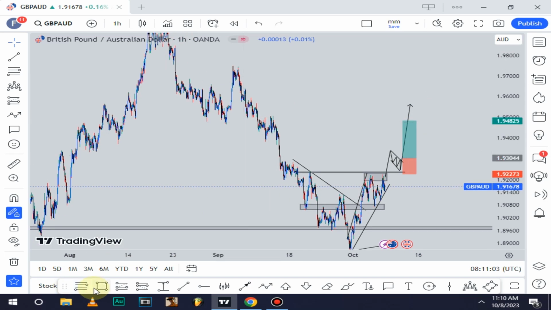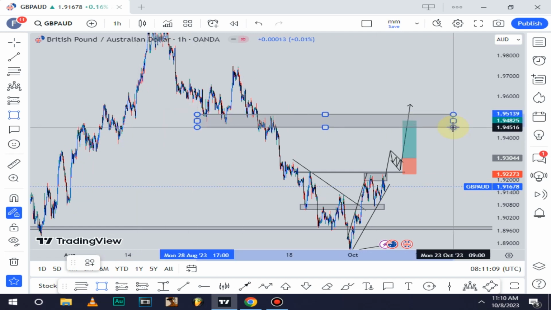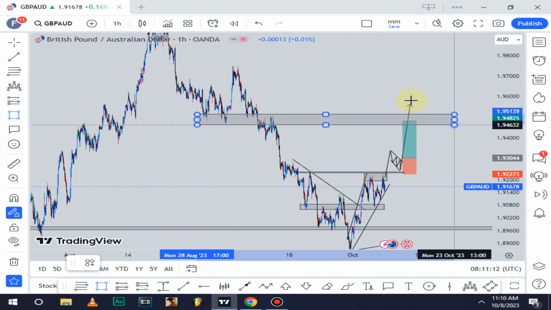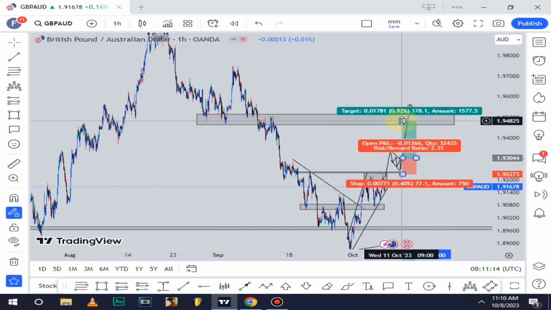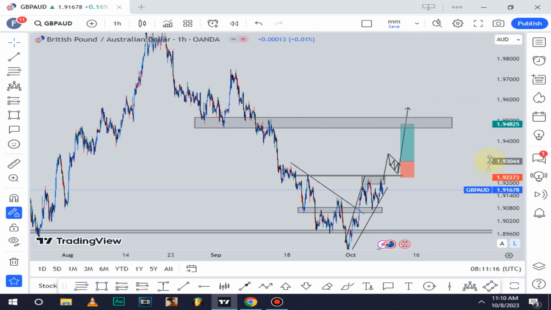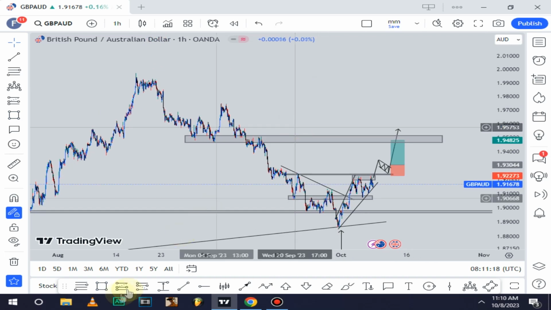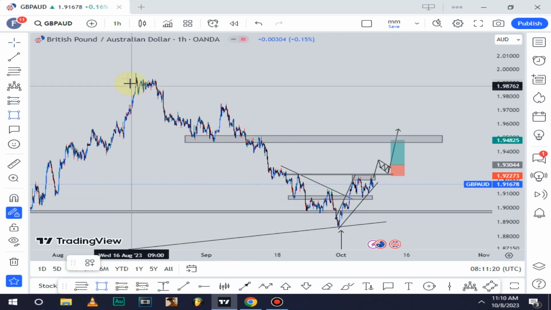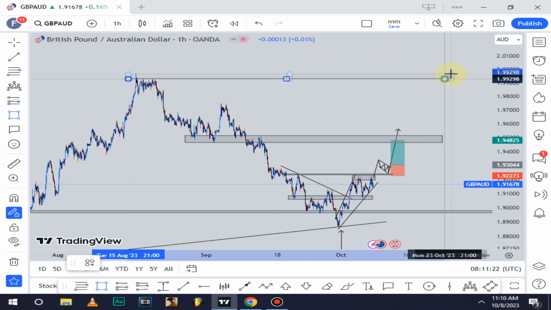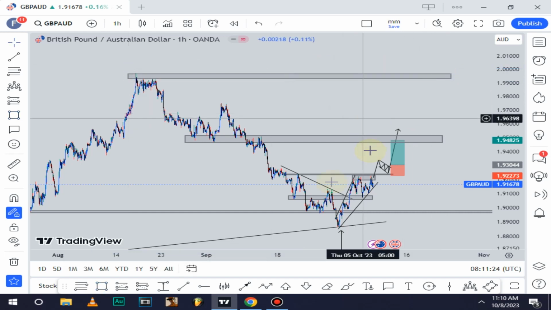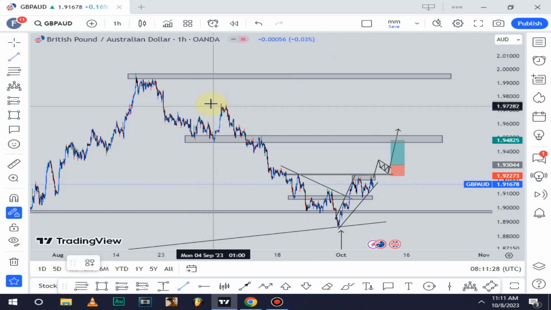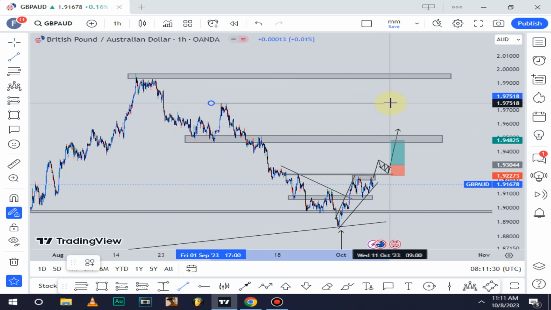Okay, so now we just have to identify some sensitive zone that the market might try to reverse or bounce off. So that should be the first take profit, of course. And we have this high. Okay, we have this highest zone, so that much. And we have this somehow.